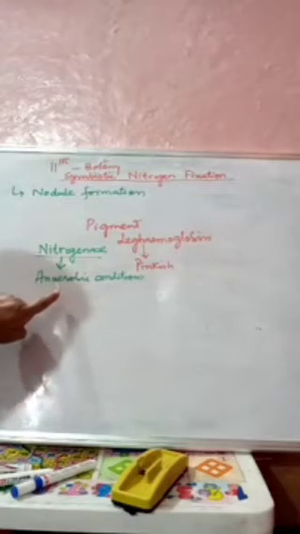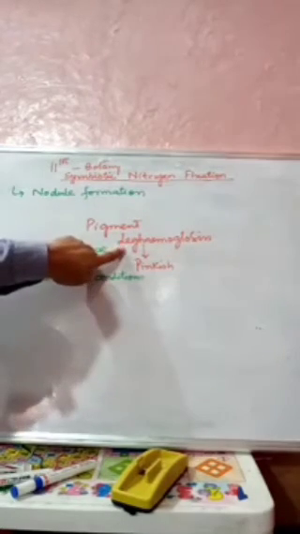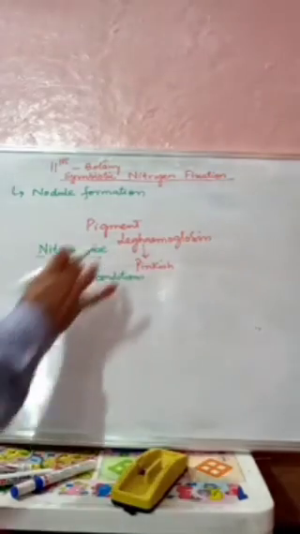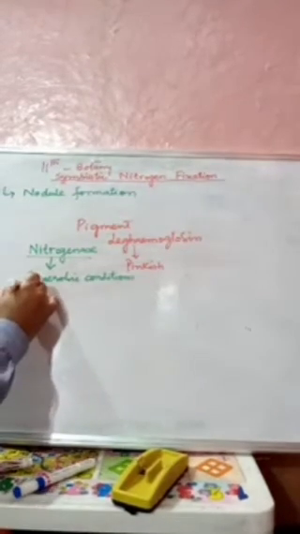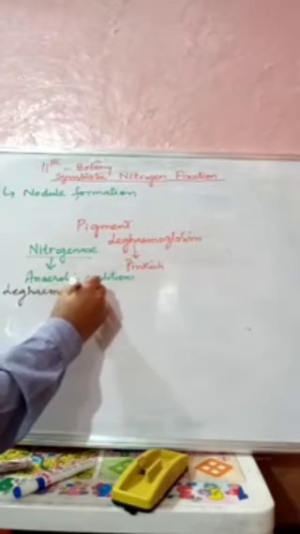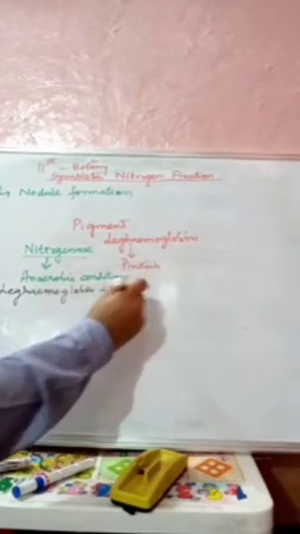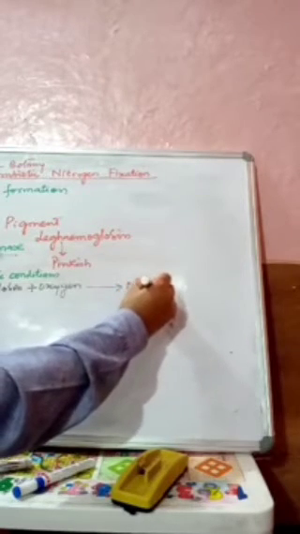Now this leghemoglobin combines, I will write the equation like this: leghemoglobin has an affinity with oxygen, to form the enzyme nitrogenase.